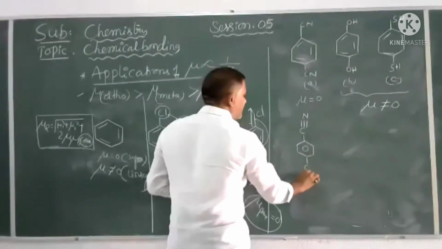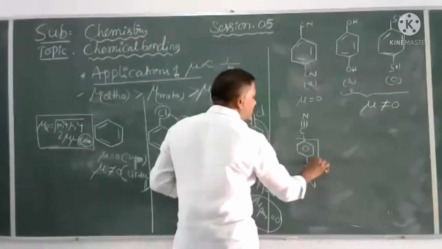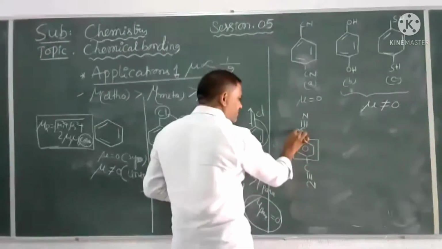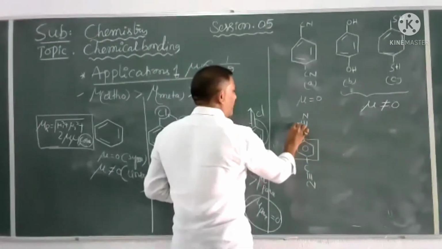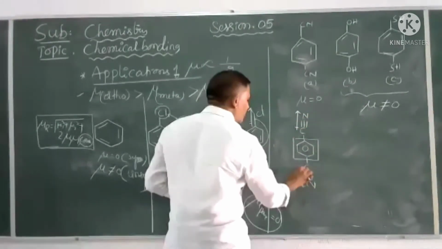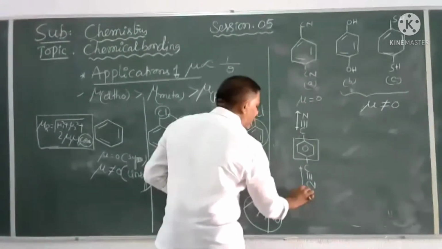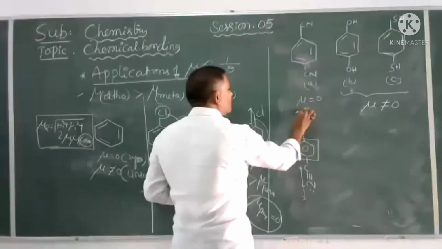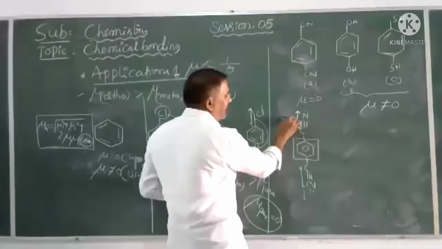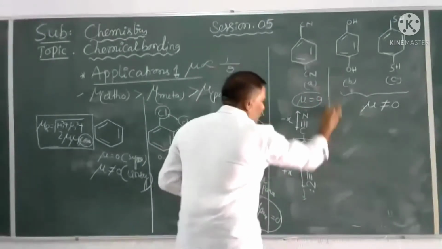Now this is the C triple bond N. Here benzene's net resultant dipole moment is 0, but there is something here. Carbon to nitrogen there is a movement, and here carbon to nitrogen there is a movement. Here a lone pair of electrons is there, again on the nitrogen. Here it is equal and opposite in direction. This is minus x, this is plus x. The resultant dipole moment must be equal to 0.